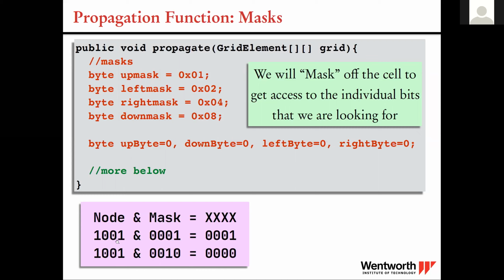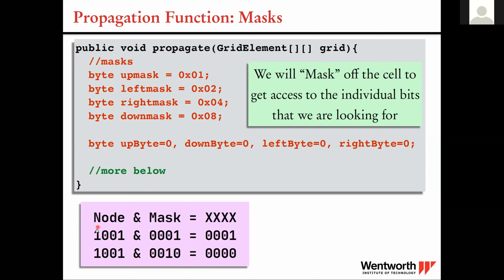Let's say the cell above us is 1001, so it has a particle in A and a particle in D. When I use the mask with a bitwise AND operator, what I end up with is 0001. If you line these up, anywhere there are two ones, I get a 1. Otherwise, you get a 0.